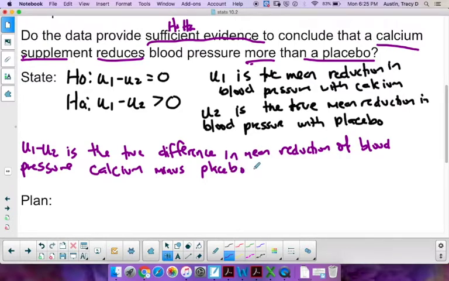And that would be fine. We could write it that way, but you have to be very, very specific on how you are phrasing it.